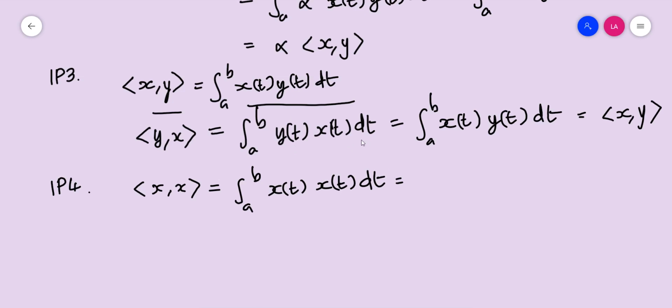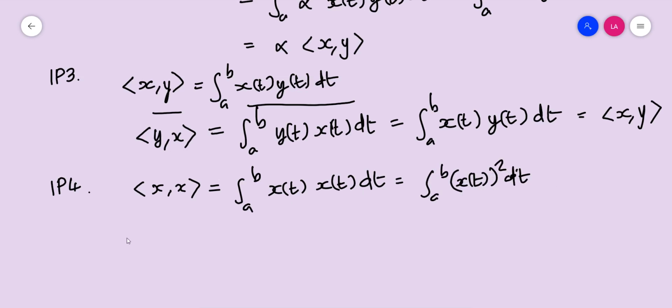So its value is always a real number. That's why if we take the conjugate, it does not actually affect the whole thing, because the answers are always real numbers. In real numbers, the conjugate is the same as the number itself. Here this is integral a to b x of t the whole square dt.